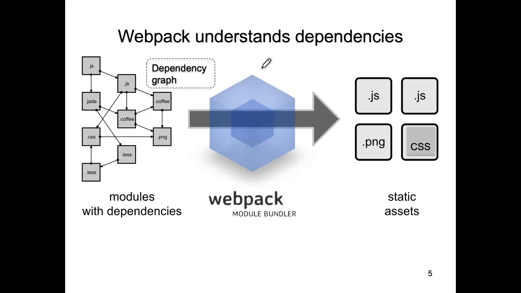Equally, if we've got a module on the left that contains TypeScript, that has to be converted into plain JavaScript. And that conversion or transformation process is performed by what are called loaders in Webpack terminology. Similarly, we may have loaders that transform Sass from the left into plain CSS on the right.